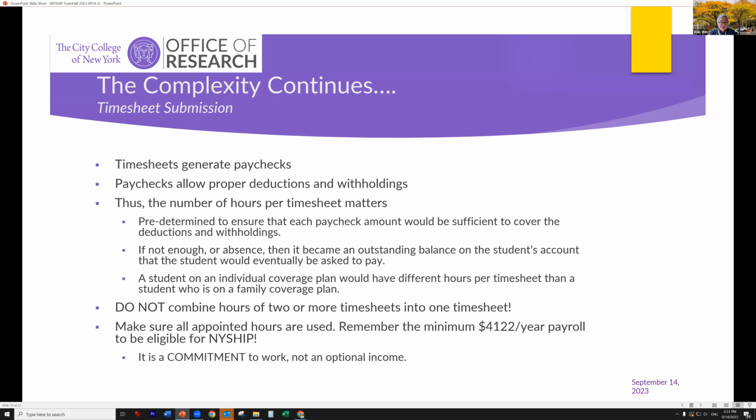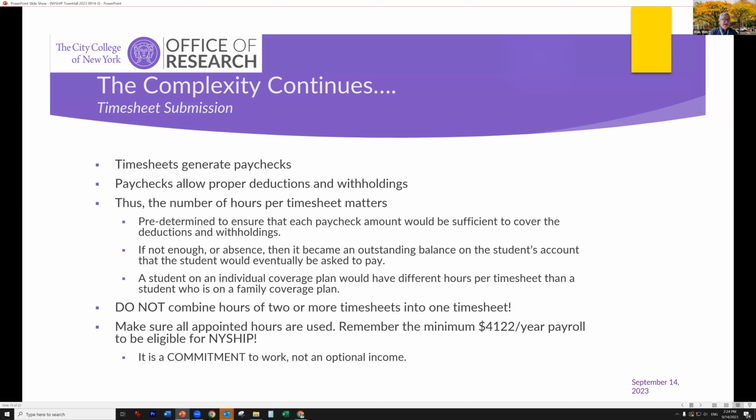And also if the student submits only 1 hour, when right now the individual plan is supposed to be 4 hours, but they only submit 1 hour and then submit 5 hours the next time, the smaller number of hours submitted on this particular timesheet did not generate enough payroll. Again, the premium is greater than the payroll generated. Now it becomes a negative. Then that becomes an outstanding balance on the student account again.